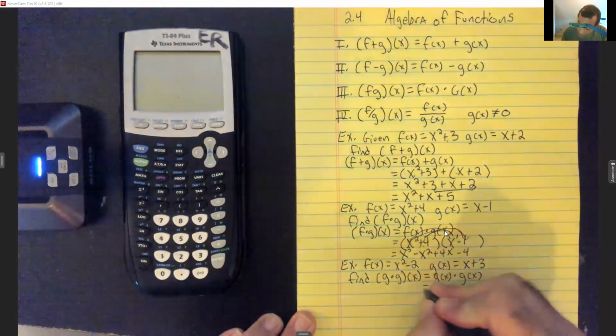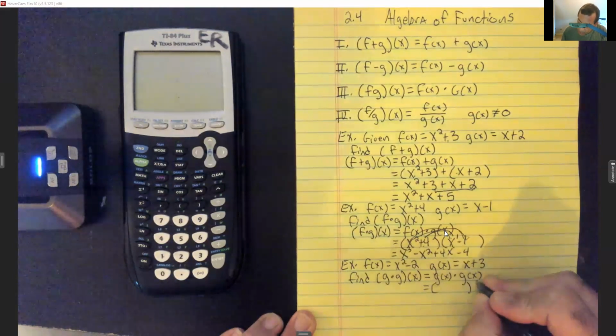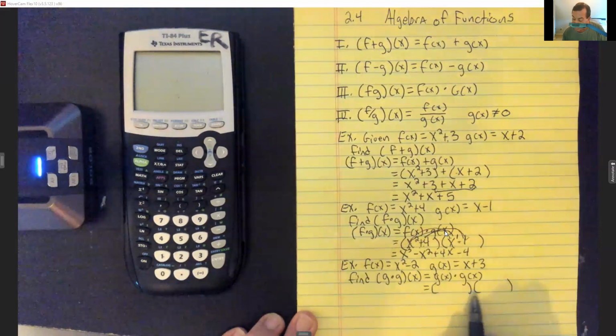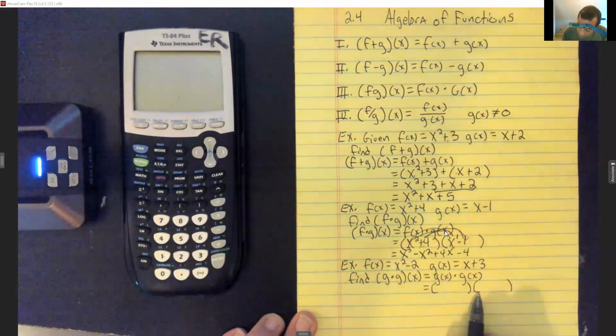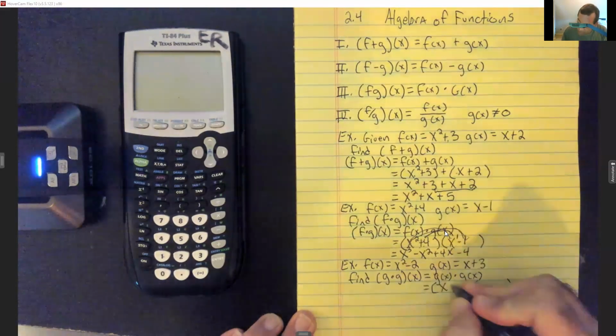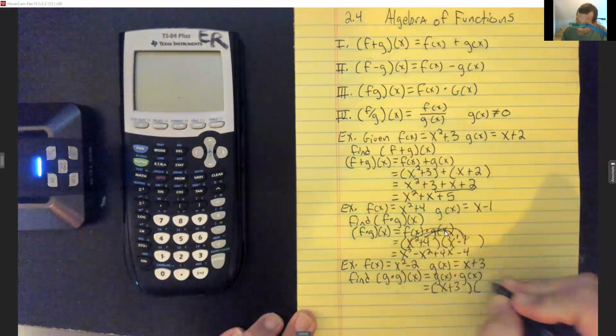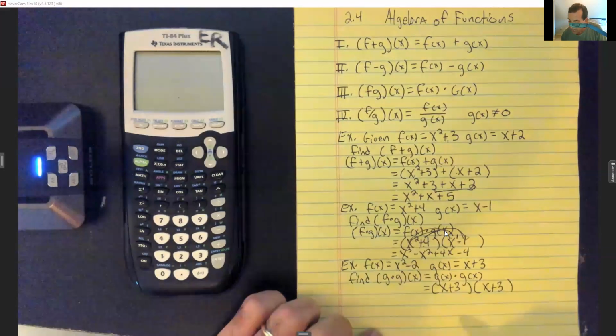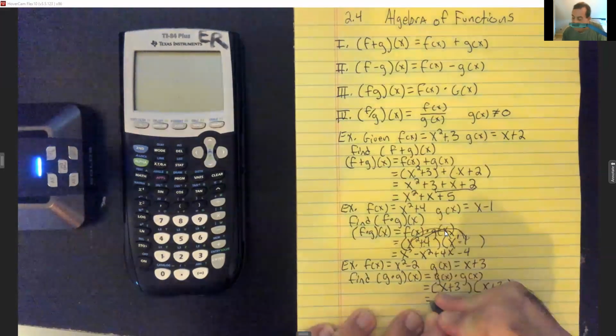So here we go. Replace those with parentheses. And remember, I don't need to put my dot this time because I've got parentheses times parentheses. G of x is x plus 3. G of x is x plus 3. So both of those have an x plus 3 in them, okay? So we're going to FOIL again.